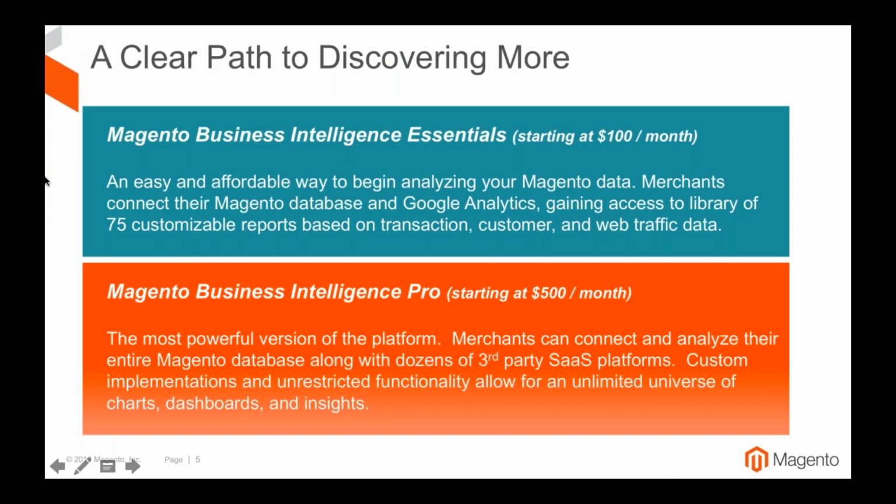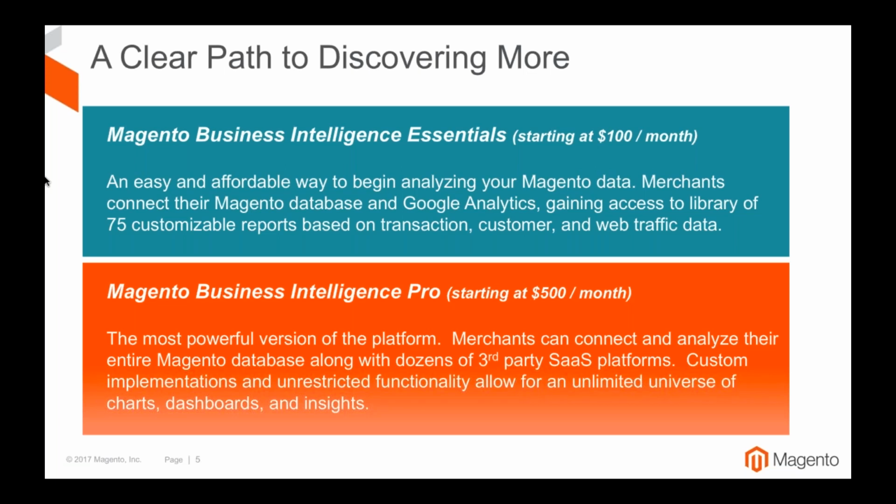So I want to talk a little bit about these tiers because the Magento Business Intelligence Essentials offering is relatively new. Many people who know the Magento Business Intelligence product, or the RJ Metrics product as it was originally known before it was acquired by Magento, are thinking about the Magento BI Pro tier. Now, the Pro tier is a really, really powerful full-stack business intelligence solution.